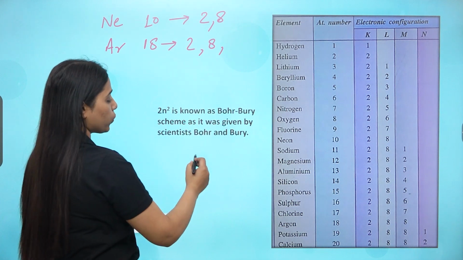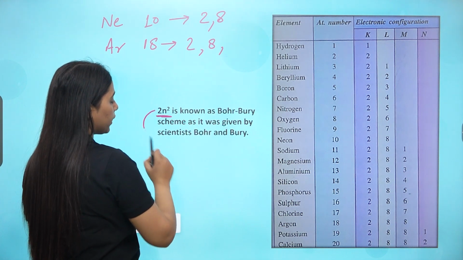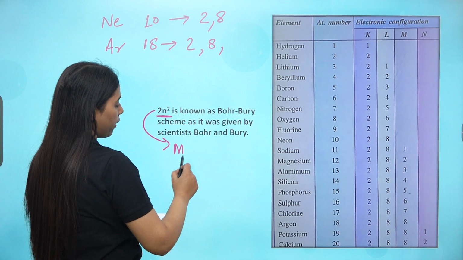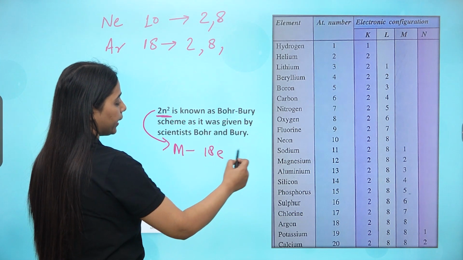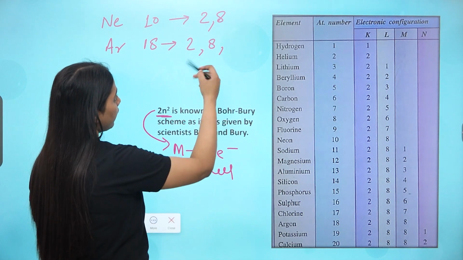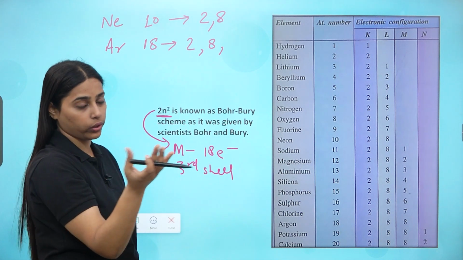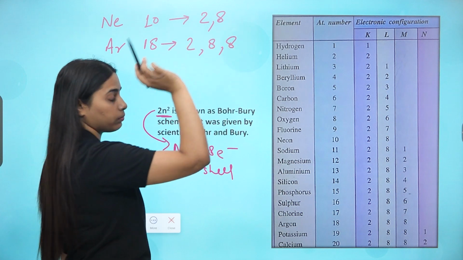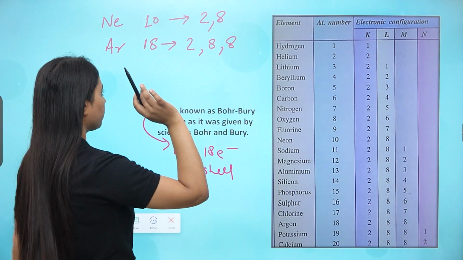And the third shell, the M shell, you saw according to this formula, can have a maximum of 18 electrons. But to accommodate the rest, only 8 is left, no? So you will simply put 8. So 2, 8, 8 for argon.